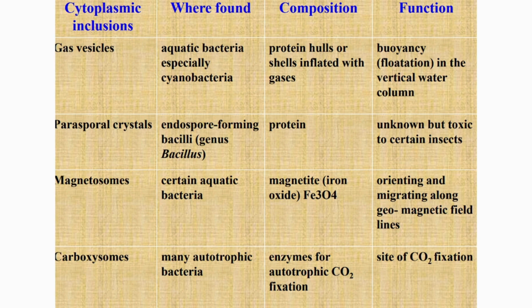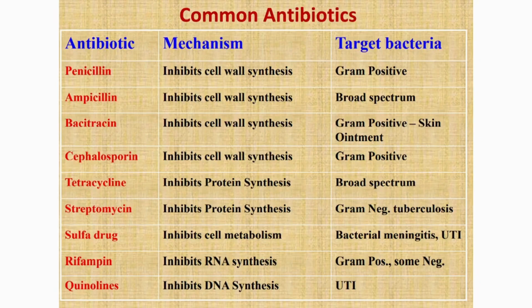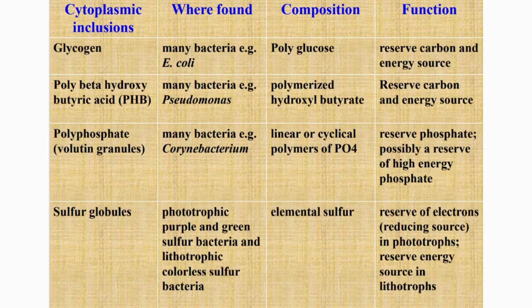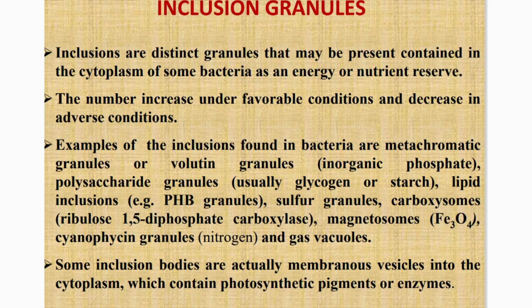Many autotrophic bacteria use carboxysomes for the fixation of carbon dioxide. So these were some of the commonly found granules present inside the cell as inclusion bodies.